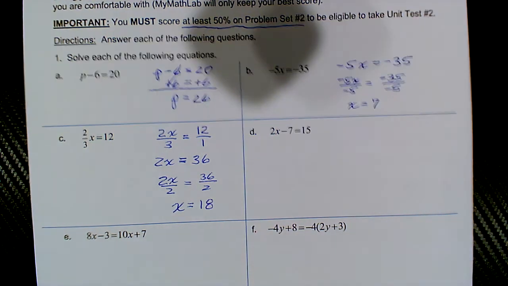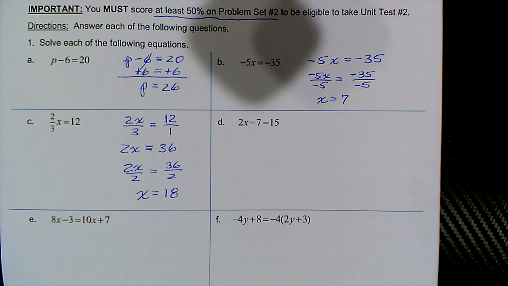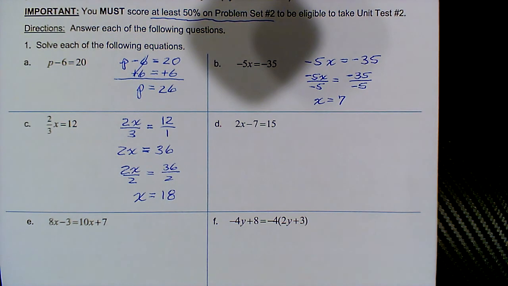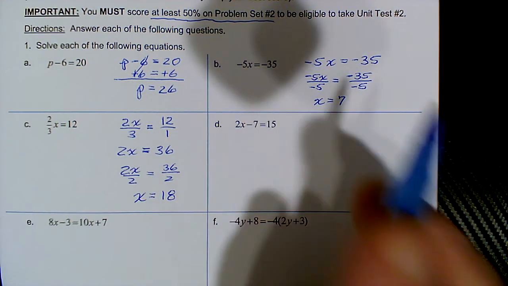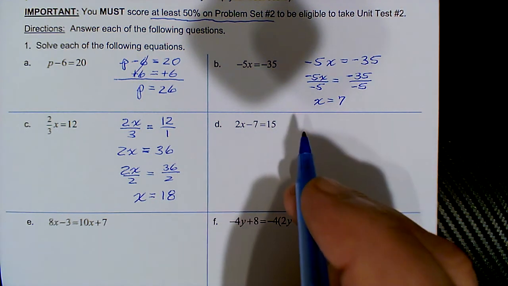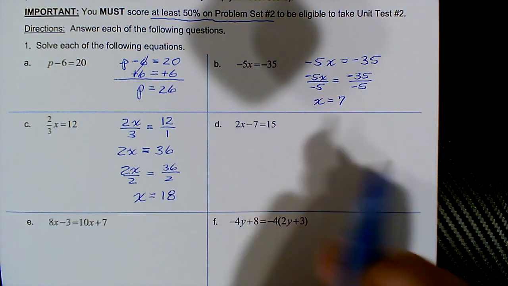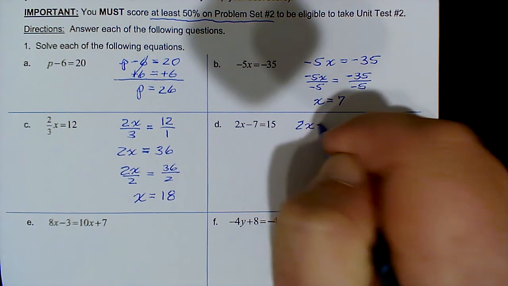Okay, and so take advantage of the easy ones here. Here's a two-step process. This is basically combining the concepts of questions A and B. Remember, if the variable is on one side, you want to bring the constants to the other side. Again, I'm going to recopy 2x minus 7 equals 15.